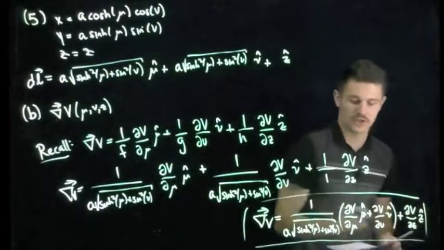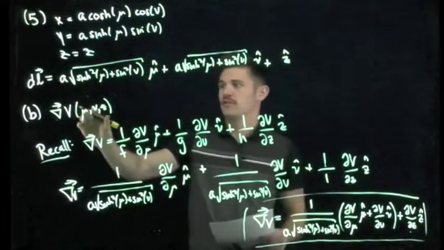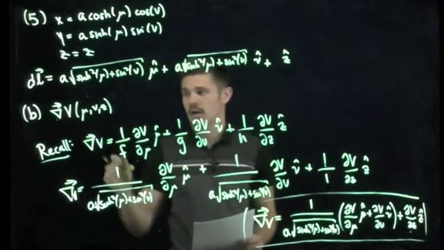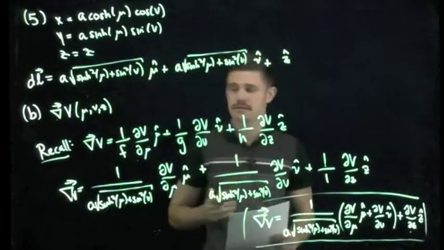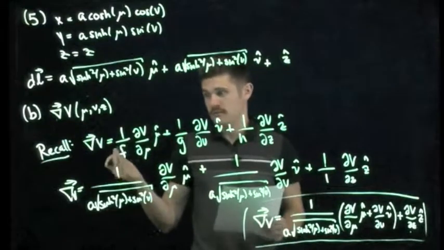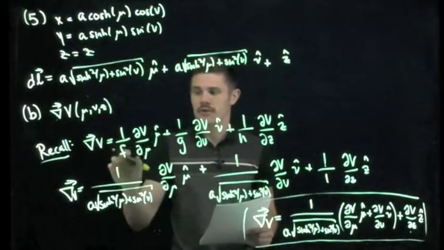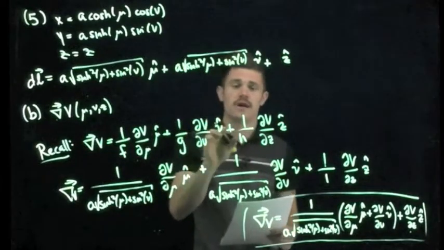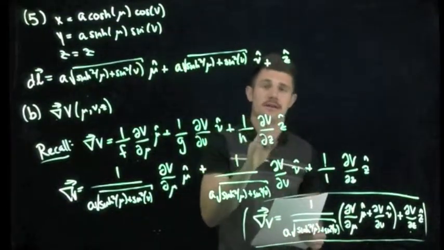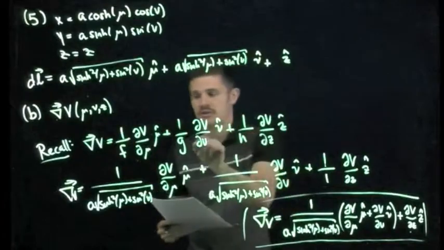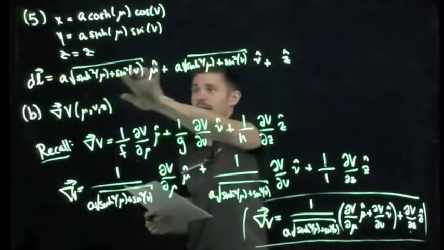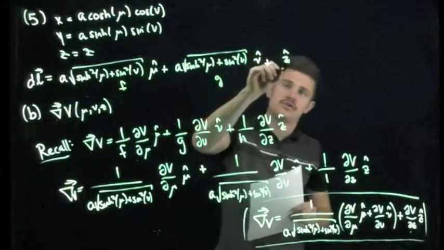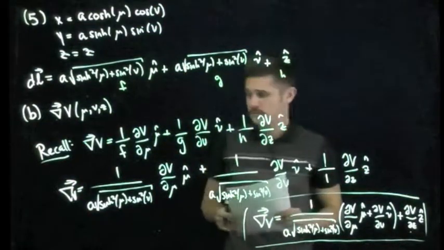And so for some general field v, which is a function of μ, ν, and z in our new coordinate system in the elliptical coordinates, we can find the general gradient of this field v as 1 over f dv by dμ, μ hat, plus 1 over g dv by dν, ν hat, plus 1 over h dv by dz, z hat, where again the h, the g, and the f come from our line element in terms of what is in front of each of the individual unit vectors.